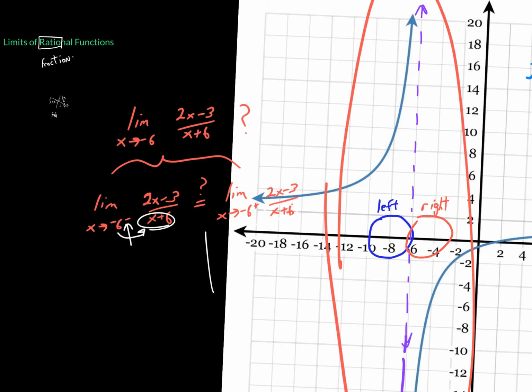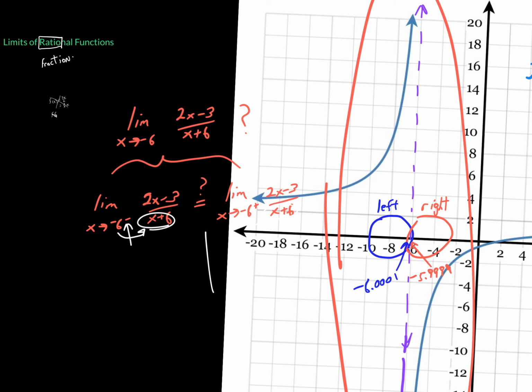So let's pick an x value on either side. We could do a test point. All right, so for the left, how about we do something like negative 6.0001? That's definitely on the left. And what if we were to take a test point on the right of negative 6? We could do something like negative 5.9999 or something really close on that side.